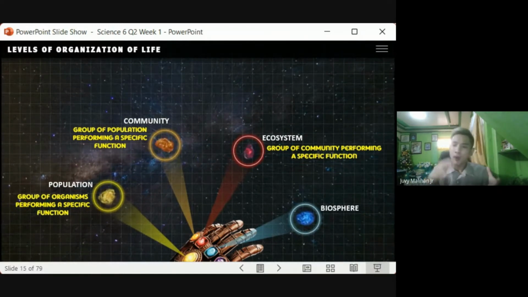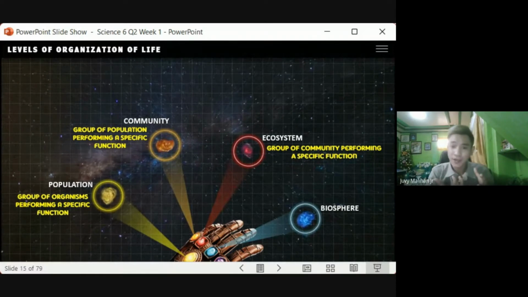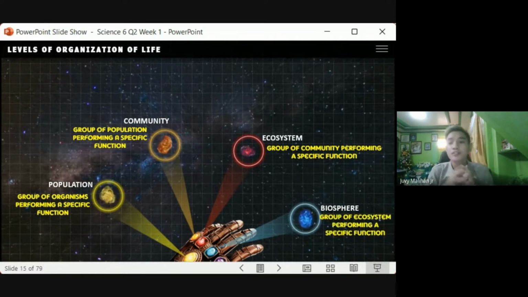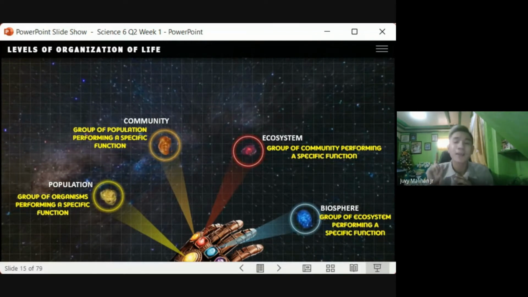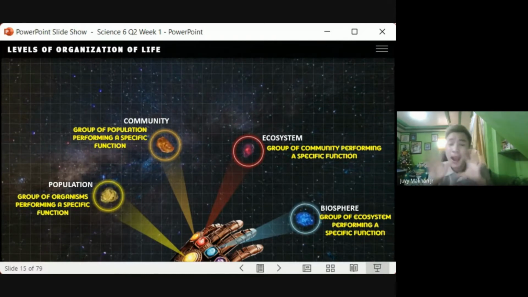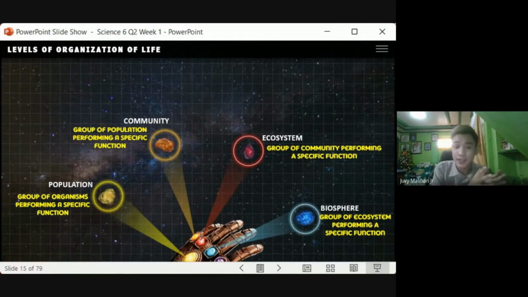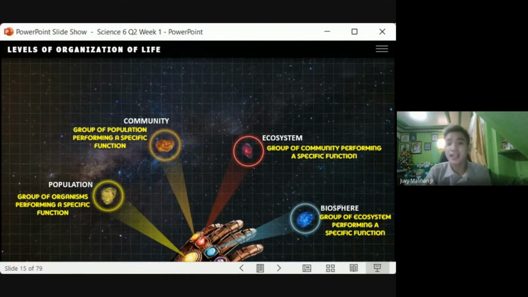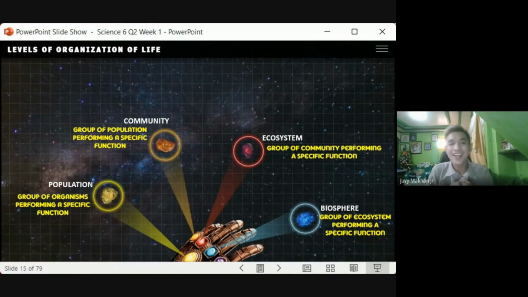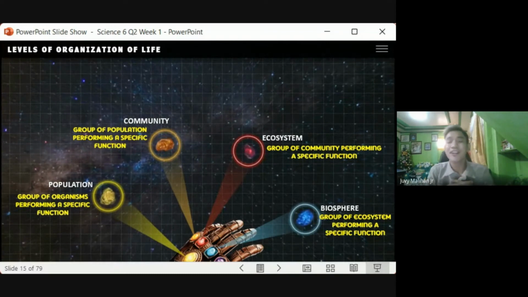Now, when ecosystems are grouped together, this will form the so-called world of life, and that is the biosphere. From the word bio, it means life. So this biosphere is the layer of the earth where life exists. Those are the levels of organization of life.